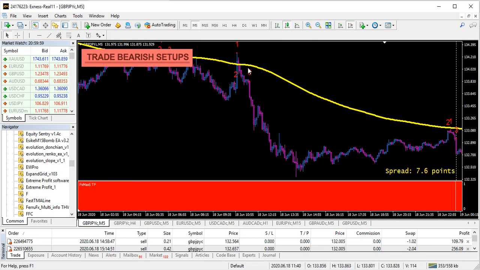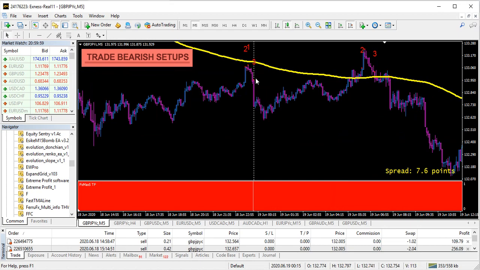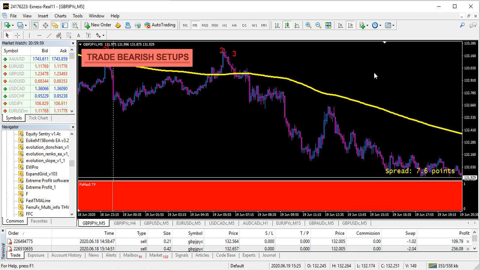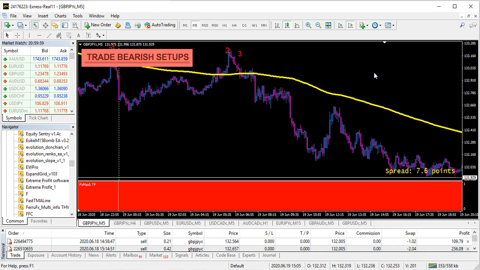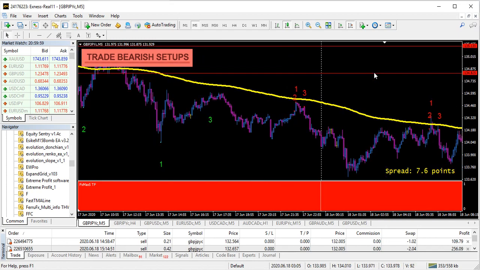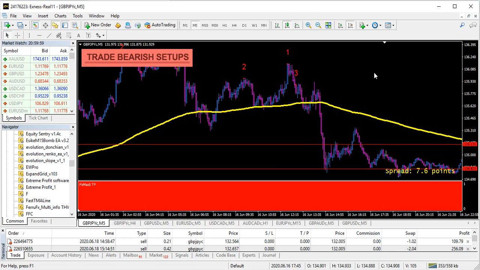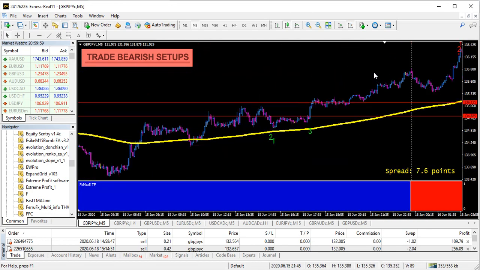Enter when this 3 shows. This didn't touch the 200 moving average, but this one touched it, so that's another good entry. So it's as simple as that. When you see the setup that way, you just execute your trade with a risk to reward ratio of at least 1:2.